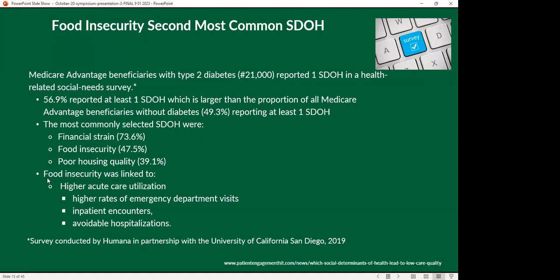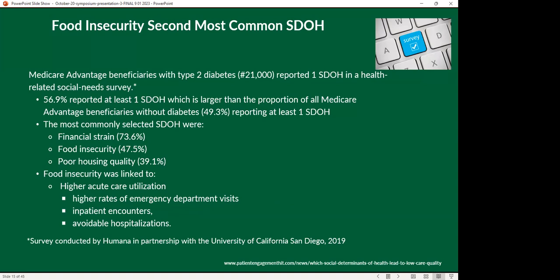And what I wanted to share with you is that food insecurity was linked to higher acute care utilization, higher rates of emergency department visits, inpatient encounters, and avoidable hospitalizations. So this confirms some of the health inequities that I had shared with you before.